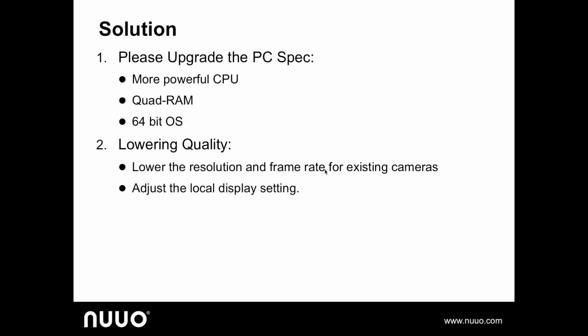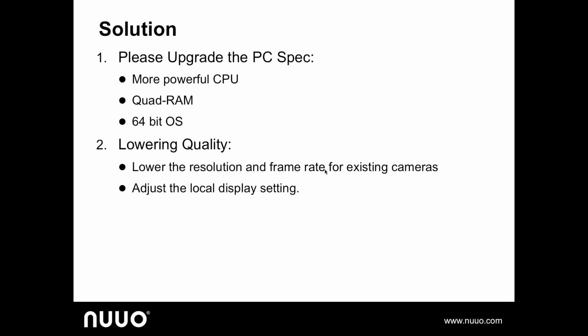We have the customer has two options. First is to upgrade the PC spec. You can upgrade the CPU to a more powerful CPU, and you can install quad RAM, not single RAM. And if the customer is using a 32 bits OS, then we will recommend the customer to use a 64 bits OS.